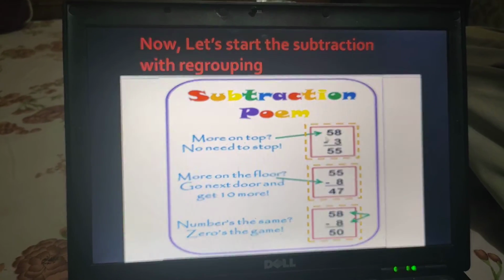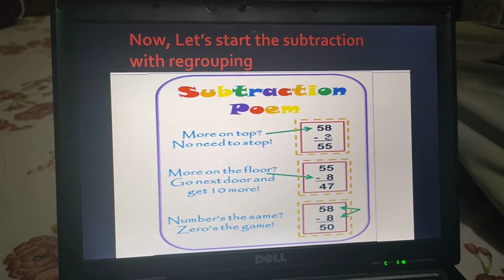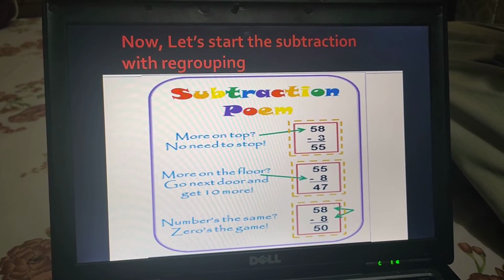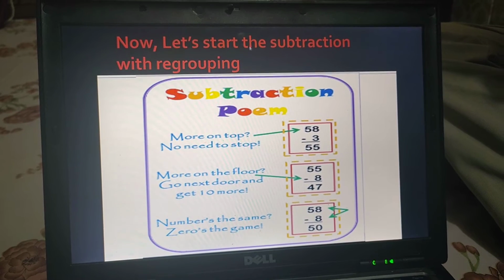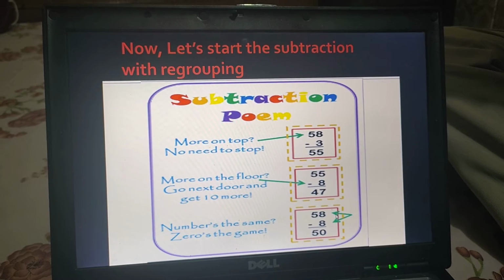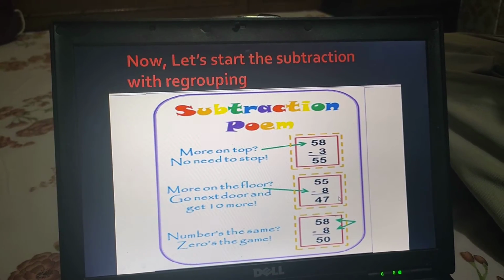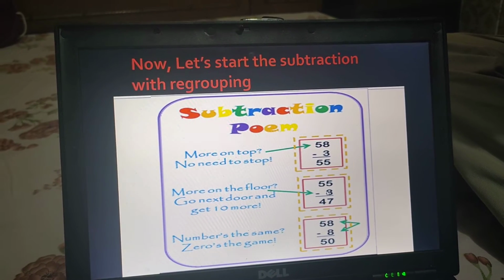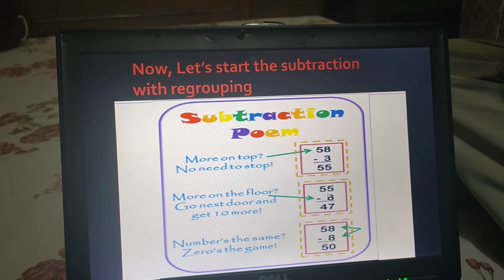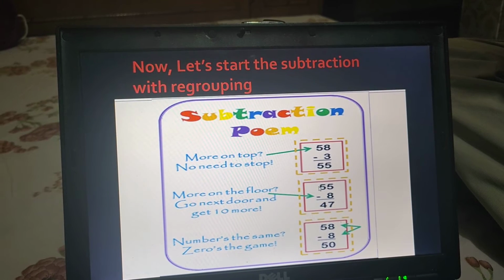if we have more digit on the top, we can easily subtract it. That is 8 minus 3 is equal to 5. But in the second line, if we have more on the bottom, that is 8 is bigger than 5, so what we will do, we will take 10 extra from the 10's digit.